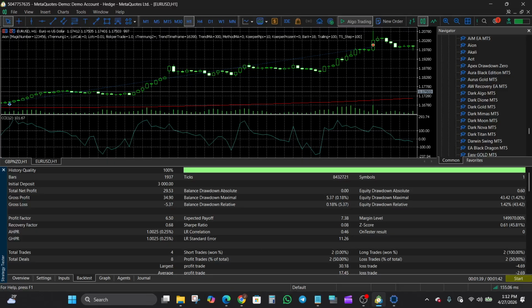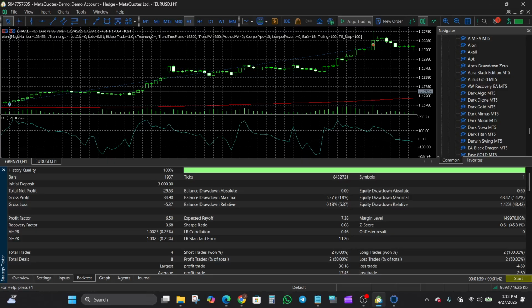Remember that these are purely historical backtest results, so they should be treated as a performance simulation, not a guarantee of future outcomes. What we can observe is that performance is heavily dependent on the chosen settings, the currency pair, and the market conditions during the tested period.